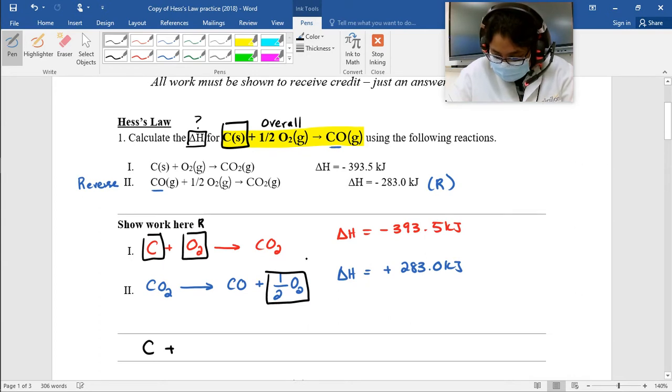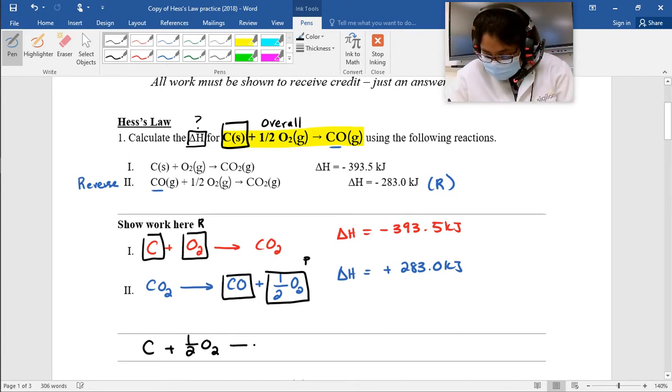So this is in the reactant side, this is in the product side, which means they're on opposite sides. If they're on opposite sides, they subtract. So that is 1 minus 1/2. That actually gives me 1/2 O2. Okay? If they're on opposite sides, they subtract. All right? Then I need CO. So there's my CO, arrow, CO.